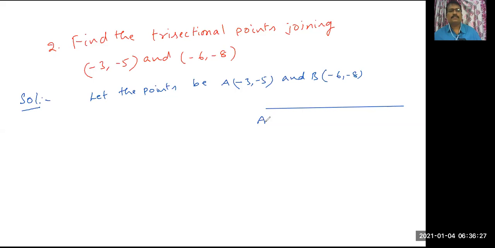Here A is -3 comma -5 and B is -6 comma -8. Both are minus, that's why I am taking this. So internally there are 2 points. One is P and another is Q. That's it. So let P and Q be the points.